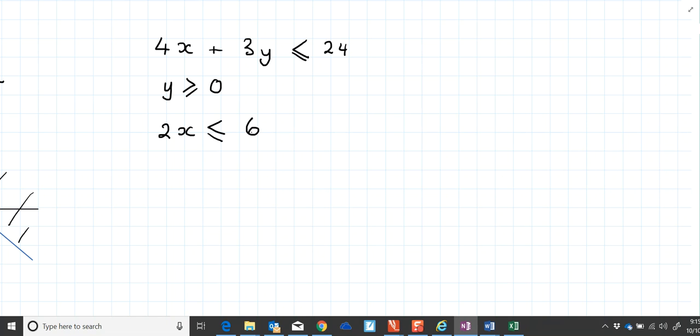So those aren't 3-line equations? No, they're all just separate different inequalities, 3 separate lines. When you draw those lines, you will be left with a smaller region. Okay.